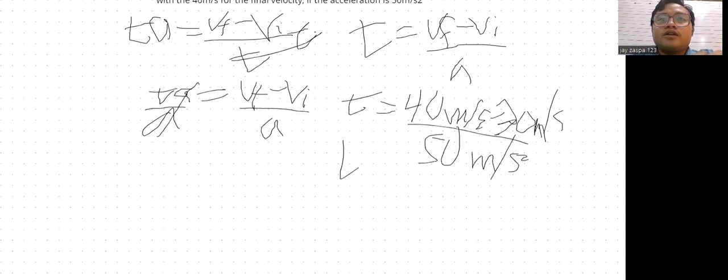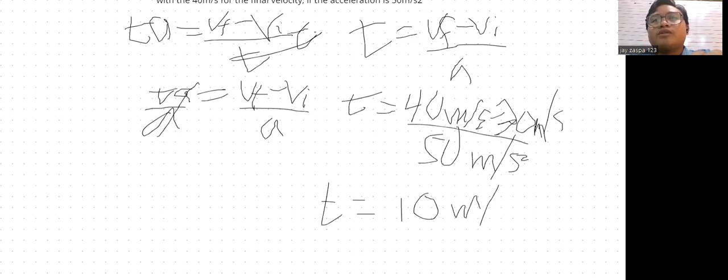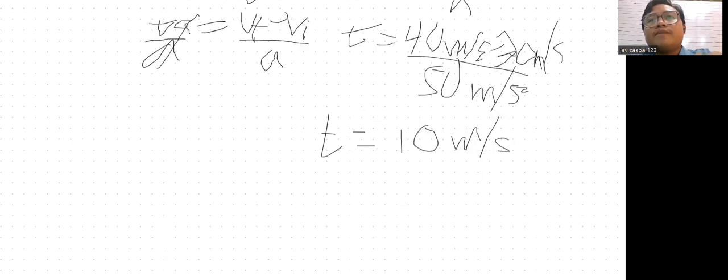Okay, so now let's solve the time. It's very easy, right? The time is equal to 40 minus 30, which is 10 meter per second, divided by 50 meter per second squared.